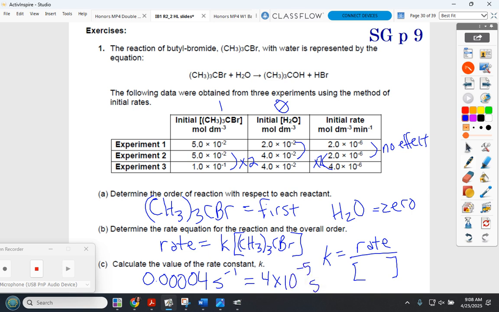Okay. 4 times 10 to the negative 6th, or negative 5th. And it shouldn't matter whether you do 4.0 times 10 to the negative 6 divided by 1 times 10 to the negative 1, or 2.0 times 10 to the negative 6 divided by 5 times 10 to the negative 2nd.